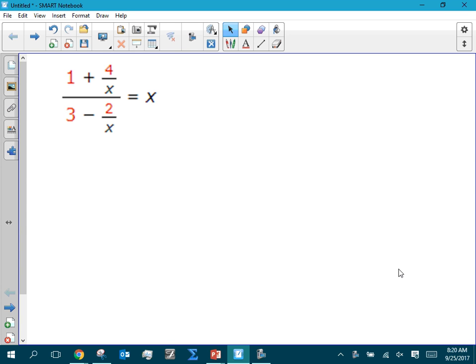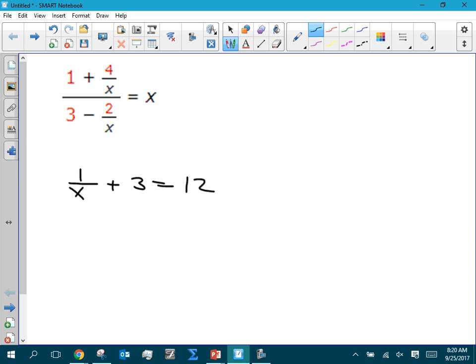So it provides basically an extra step here in the long run. But if this was just, let's say, I think there's a question earlier where I did something like this, if I had just 1 over x plus 3 is equal to 12, okay?